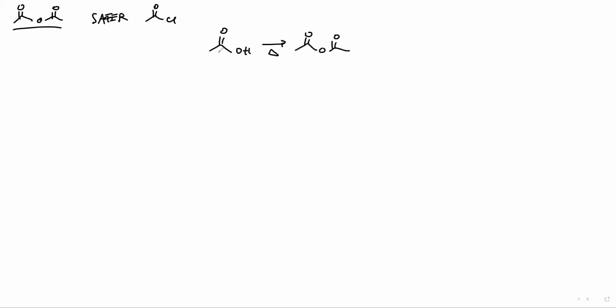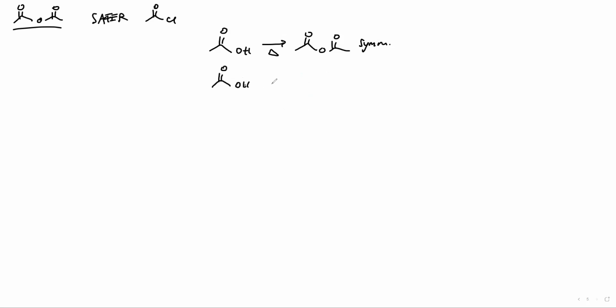But remember that this only works for symmetrical anhydrides. If we try to mix it up a little bit, like let's say that I try to do both of these guys, not only will we get the 2 symmetricals, but we'll also get the mix. So this reaction fails if you try to do it. It's really, really bad. Don't ever try to do two acids together in heat. You're not going to get the one product you intend to make.